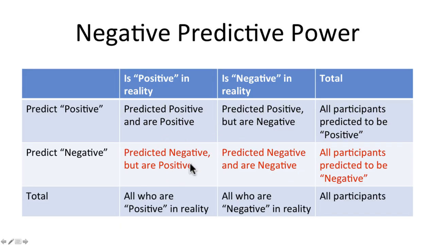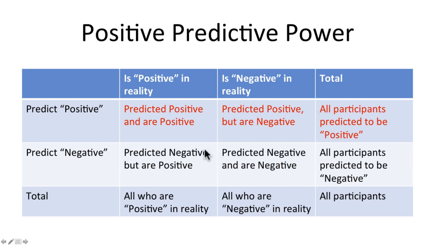Of the number of people that you predict to be negative, how many are negative versus positive? So as you see here, the correct one, you predict negative, it's actually negative. You predict negative, it's actually positive. The division would be this divided by this. Sounds simple, but I'll show you why that doesn't always play in a little bit, but let's play around for a little while.